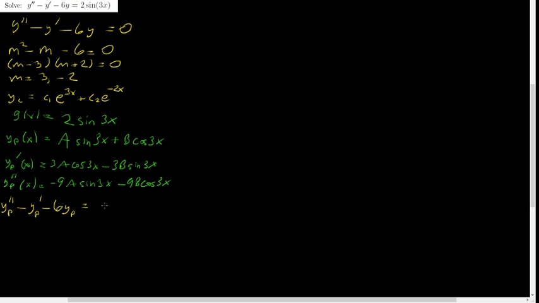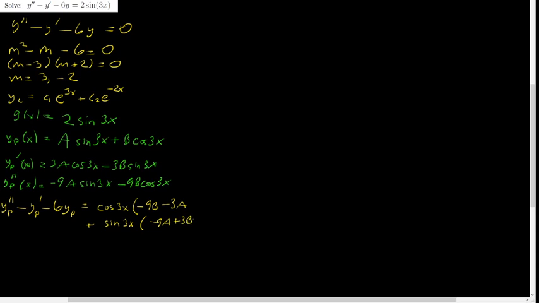Starting with the cosine of 3x, we're going to get minus 9b, and for the sine of 3x, minus 9a. For the yp prime, remember we're subtracting, so for the cosine we get a negative 3a because we have a negative sign in front. And for the sine part, we get a minus negative 3b, so that becomes a plus 3b.